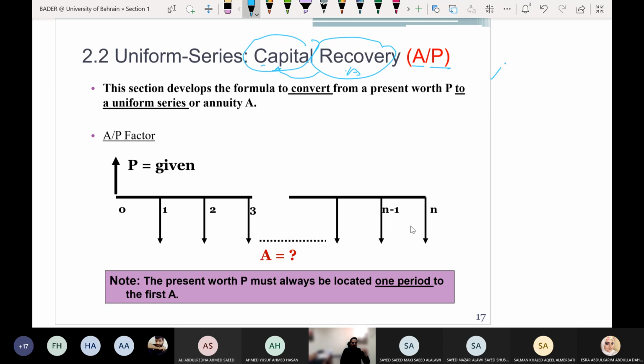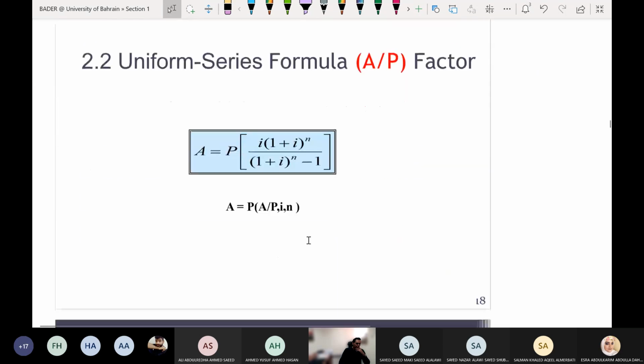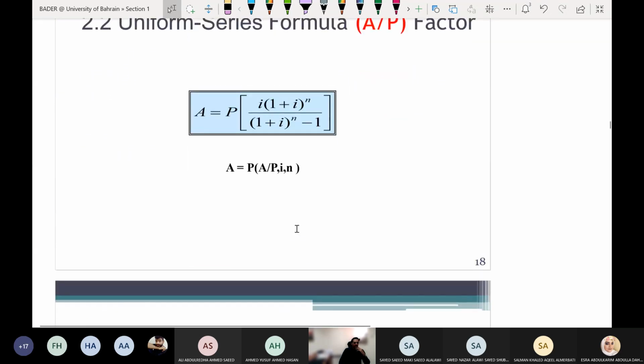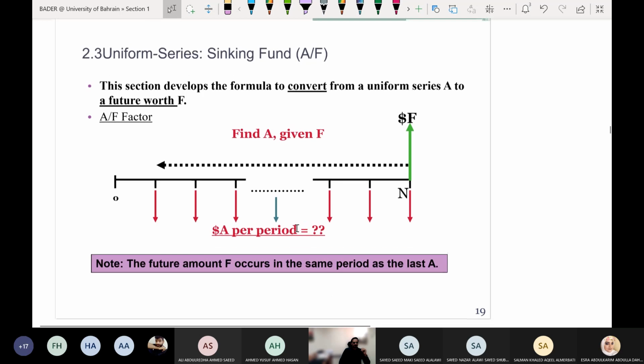That means the time value should be considered. I'm not going to go into the fact that we should consider a 1 year gap. Again, this is a very clear indication of the code or the standard notation and the formula to be used.